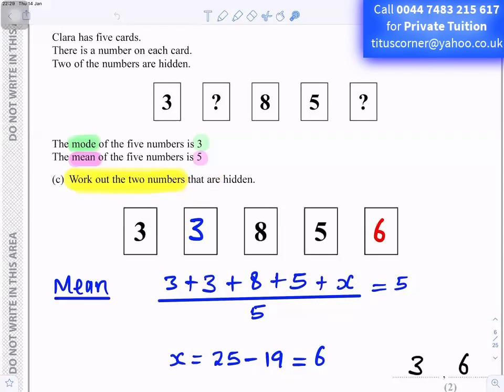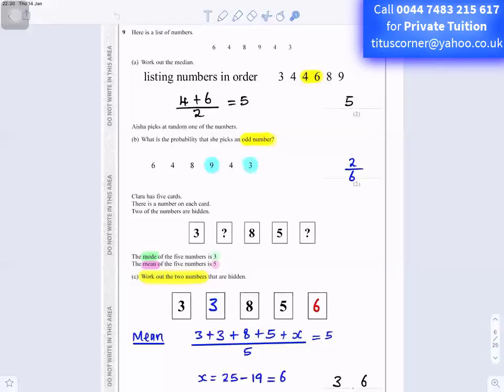And when you add them up, you find the mean is 5. So it satisfies those two conditions, which means your answer is correct. So this is the complete answer for question 9: 9A is 5, 9B is 2 over 6, and 9C is 3 and 6.